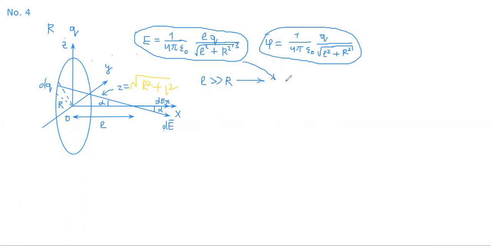In this case, we can write that E is approximately equal to 1 divided by 4π epsilon 0, LQ, square root, and it is equal to 1 divided by 4π epsilon 0, LQ divided by modulus of L to the power of 3.